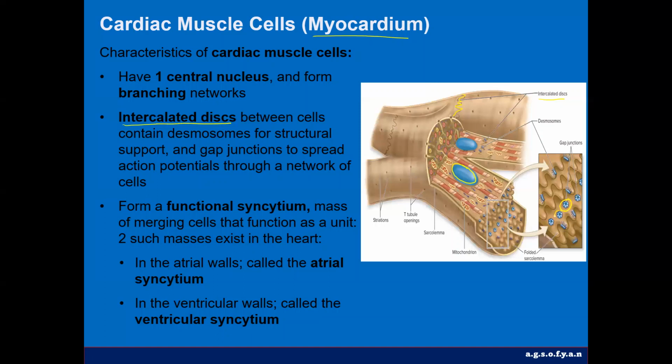So a gap junction is like a hole between one muscle and another muscle. So the electricity, for example, will be able to pass through this gap junction. This is one of the special structures in the cardiac muscle.